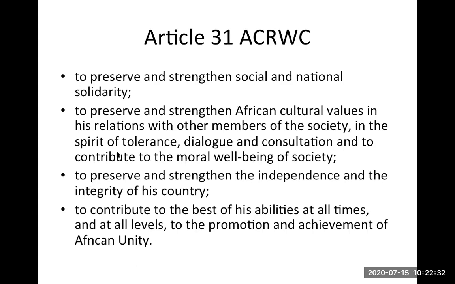The child also has a duty to preserve and strengthen social and national solidarity, to preserve and strengthen African cultural values, to preserve and strengthen the independence and the integrity of his country, and to contribute to the best of his abilities at all times.